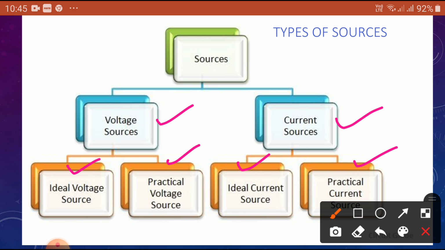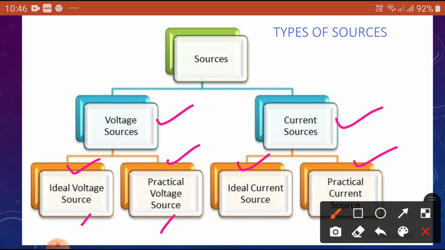You may be in some confused state. What do you mean by ideal voltage source and practical voltage source? Let me give one example. Ideal means there are no losses inside, it is perfect.